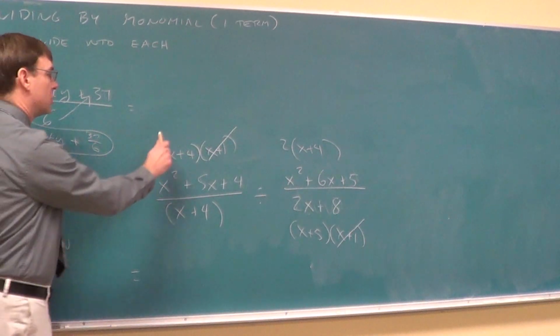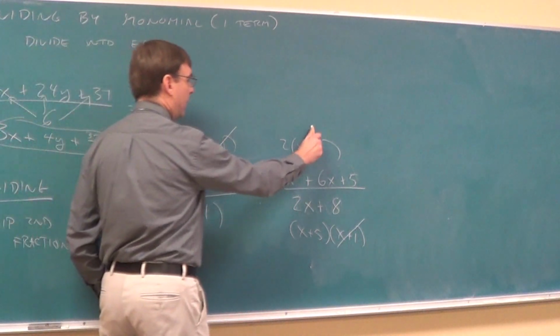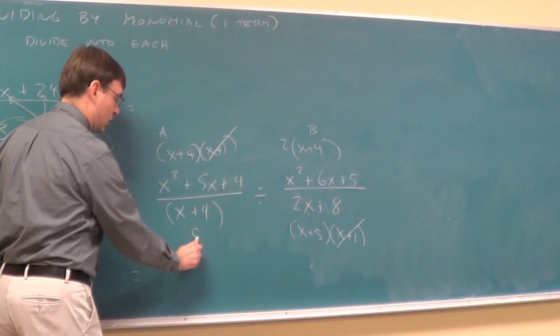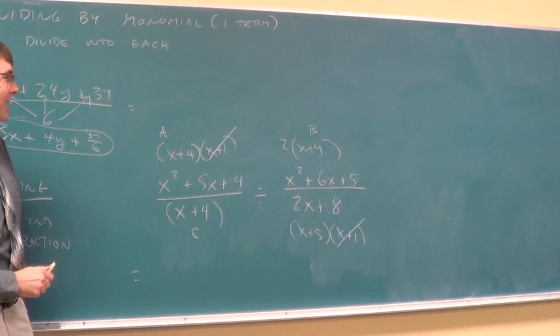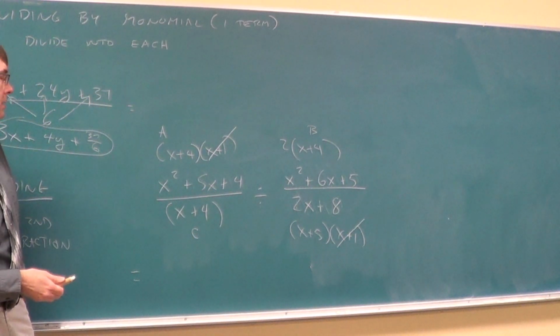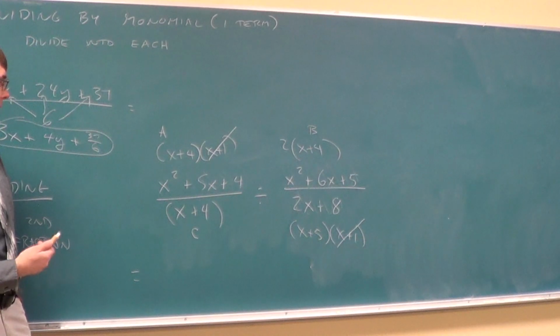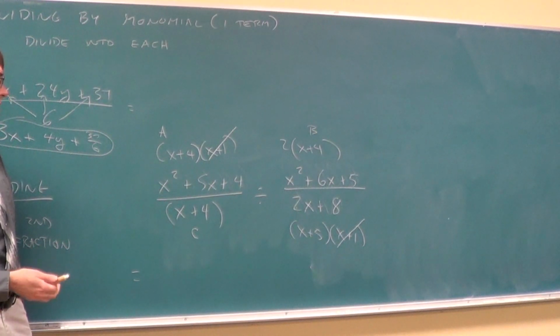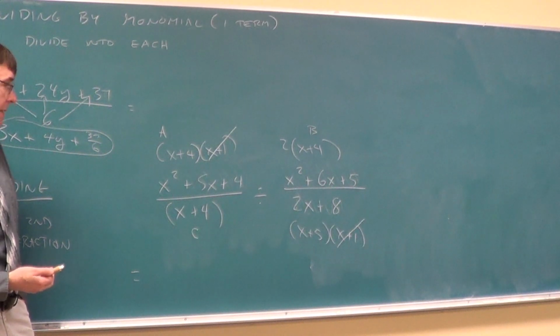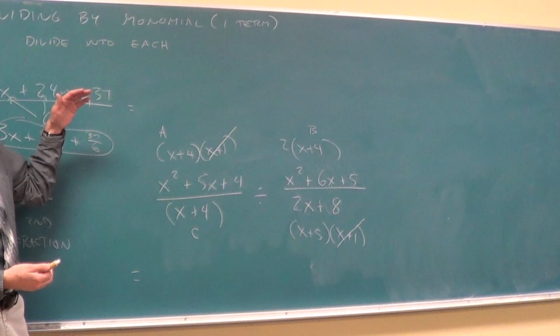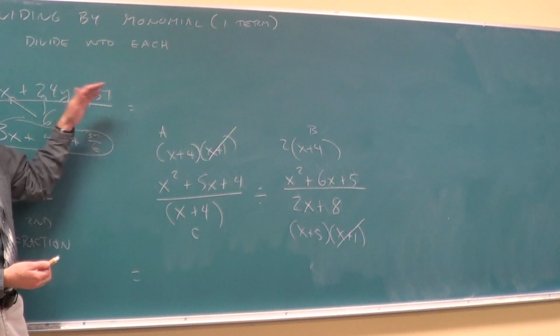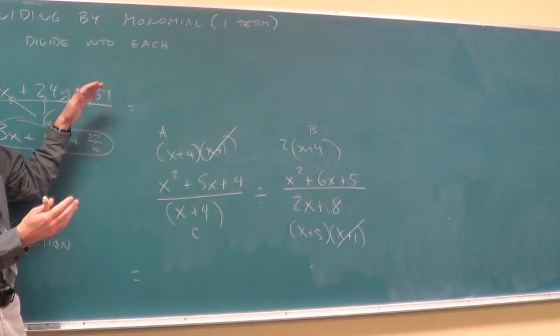X plus 4s, so out of A and B and C. Are we gonna cancel all 3 of those at once? A with B, A with C, B with C. Who's gonna cancel with who? We could do B and C. We could also do A and C. You can do any top with any bottom.